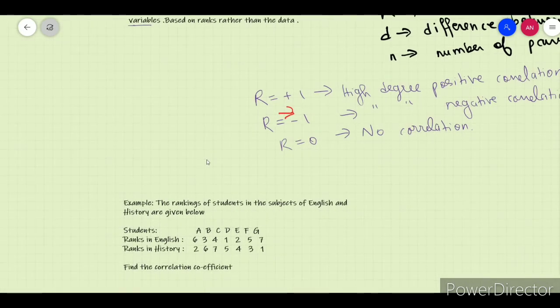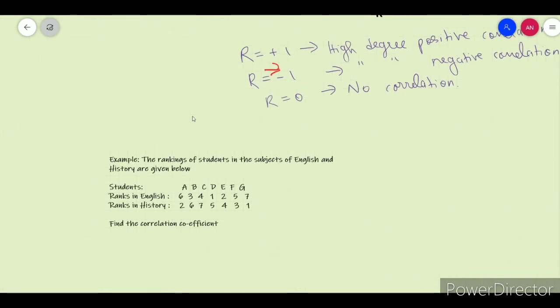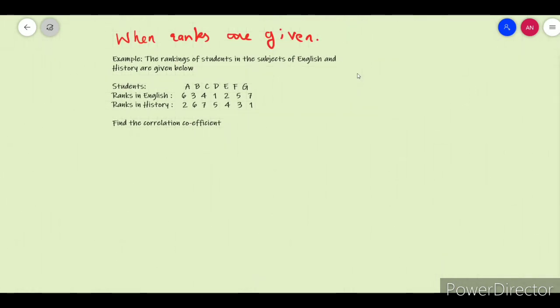So let us take a sum to understand this. This is the case when ranks are given. How do we find the rank correlation between the variables? In this example, the rankings of students in the subjects of English and history are given below.